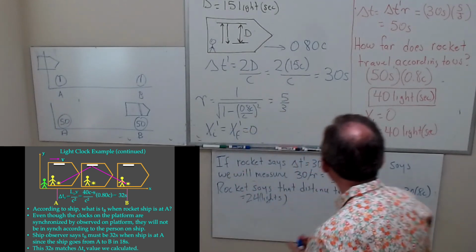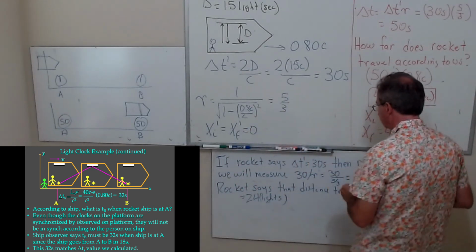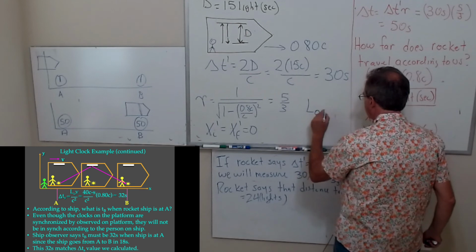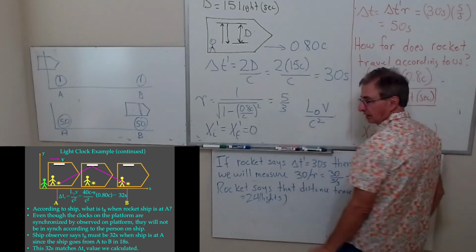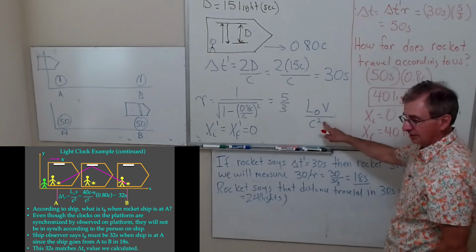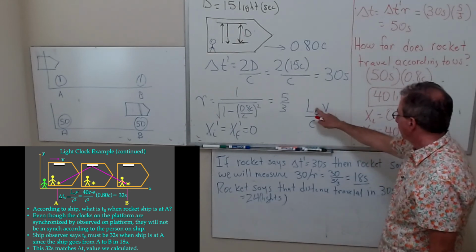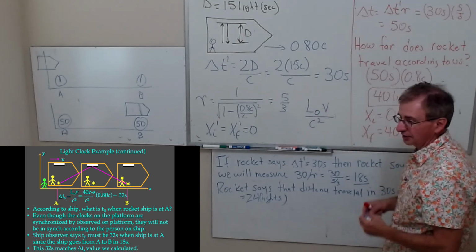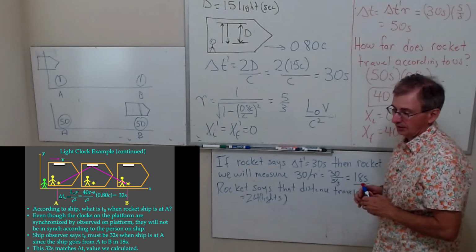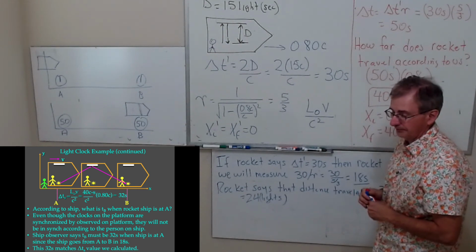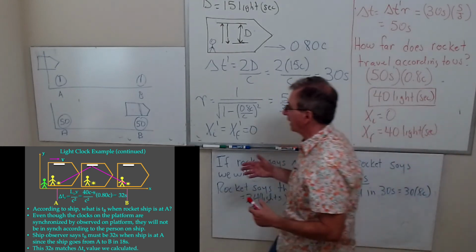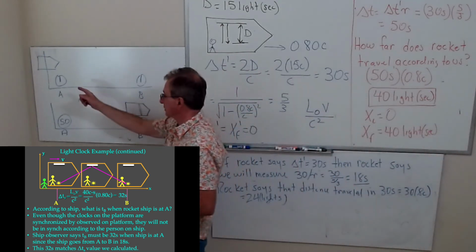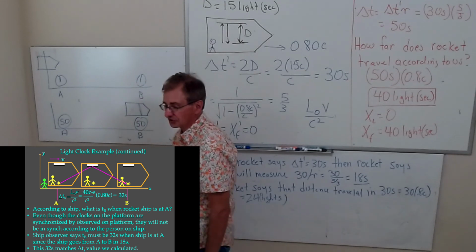Now, if you calculate from the equation for the time delay, 40 over c squared times v, you will also get 32 seconds. And the reason you get all this complication is that the person in the rocket is going to say your clocks are not synchronized.